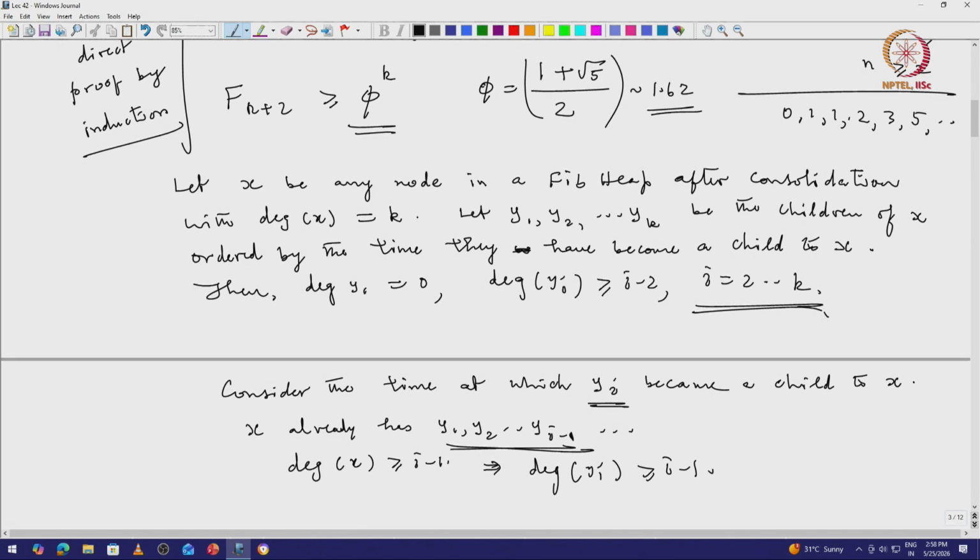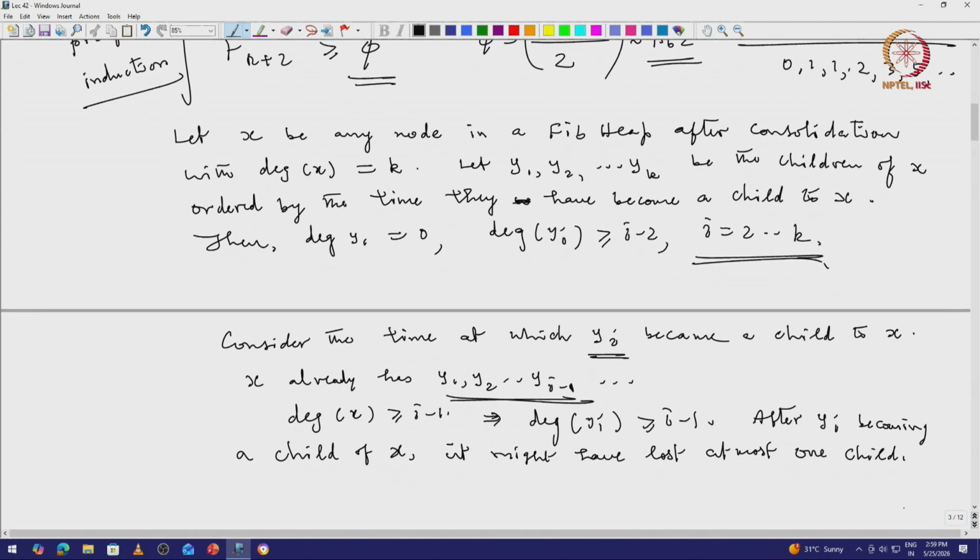If it is losing one more child, then it will go to the root list. It will not be a child of x. Therefore, after yi becomes a child of x, it might have lost at most one child.